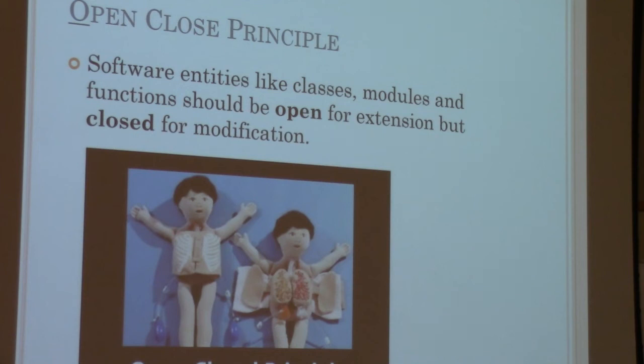So the thing it says is, if you are going to put on a coat on your chest, it doesn't mean that you have to open your chest for an open heart surgery because you were putting on a coat. So you can extend, you can put on more layers, right? But you don't need to. It is closed for change, but open for extension. That is the point of the open-close principle.